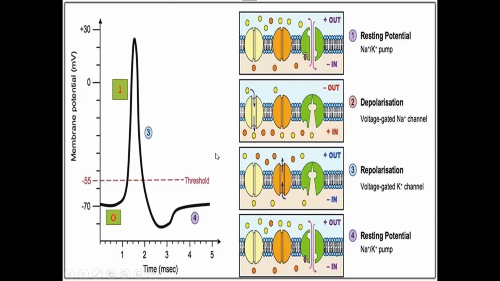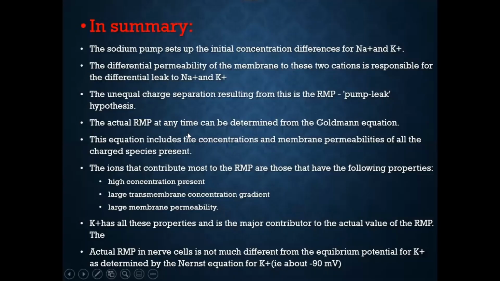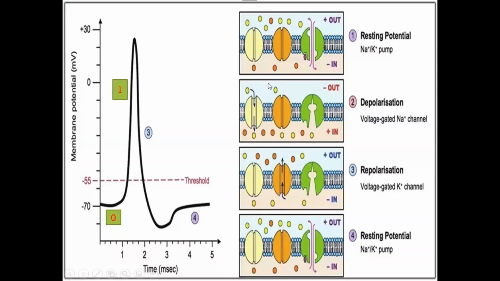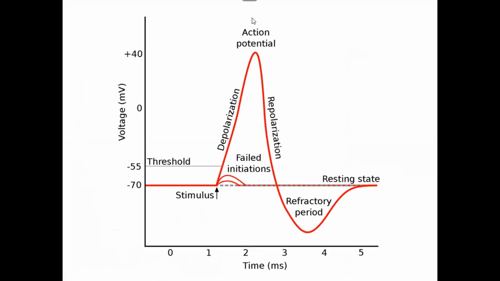Please go through this with the words that I've written here, along with these pictures. Again, resting membrane potential of -70, and then there is a stimulus. If the stimulus is not strong enough, let's say you touch a hot coffee mug, but it's just warm, you don't withdraw your hand.